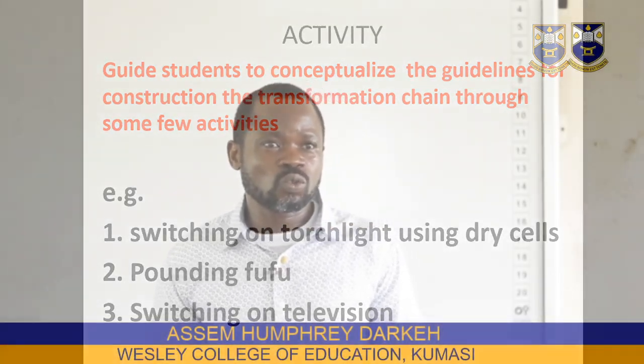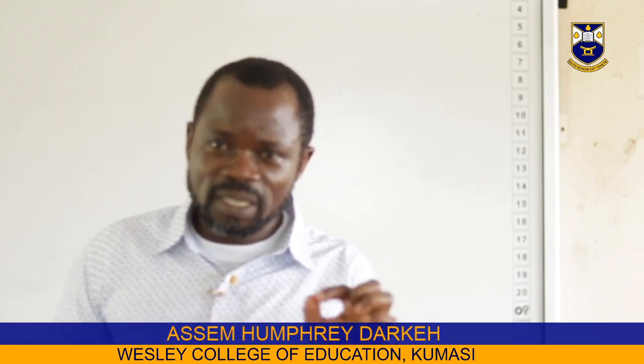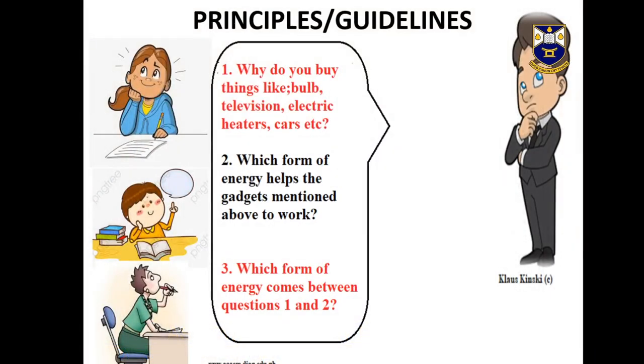In lecture 2, we saw that some of the guidelines include the fact that your students must know the reasons for which they buy certain gadgets. Nobody will go and buy a television and bring it home for the television to produce heat.